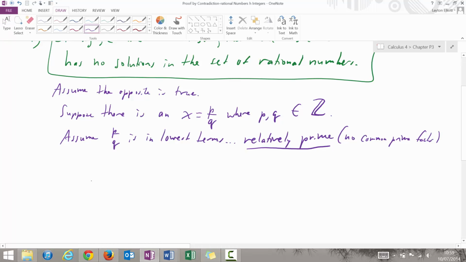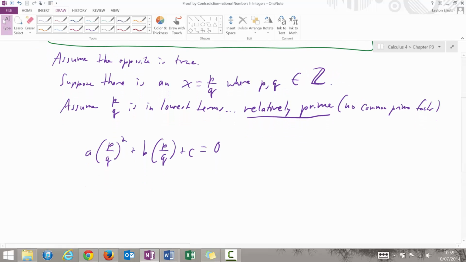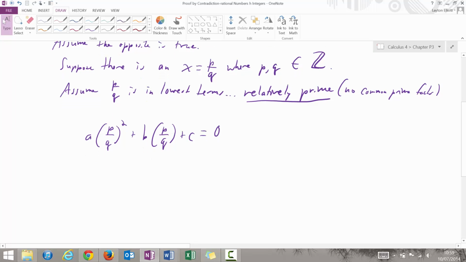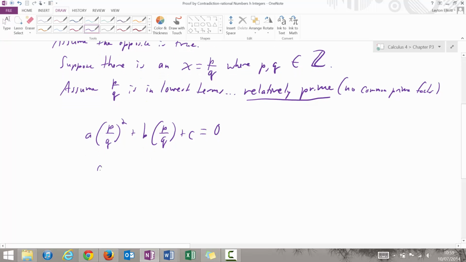So if we do a substitution, we're going to get a times p over q squared plus b times p over q plus c is equal to 0. And if I multiply both sides by q squared and simplify, I'm going to get ap squared plus bpq plus cq squared is equal to 0.